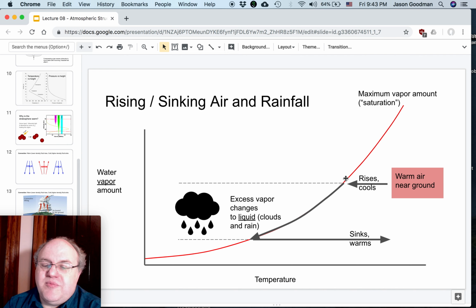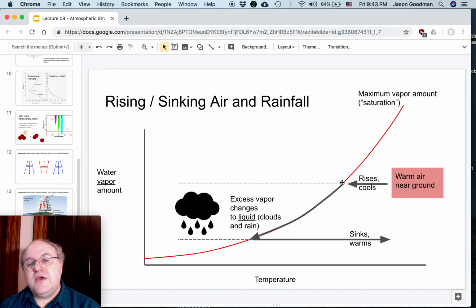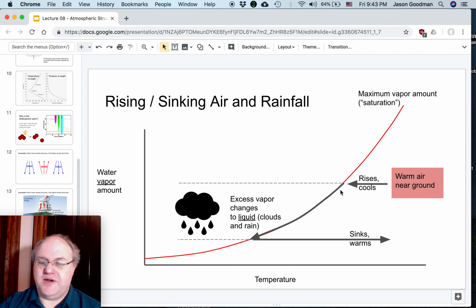It keeps its water vapor until it hits this point, and at this point it's not allowed to go into here. This is beyond the upper limit of water vapor at that particular temperature. It has to convert that water vapor into liquid water, and so as it does, clouds begin to form. That removes the vapor from the air and replaces it with liquid, which doesn't count on this diagram.